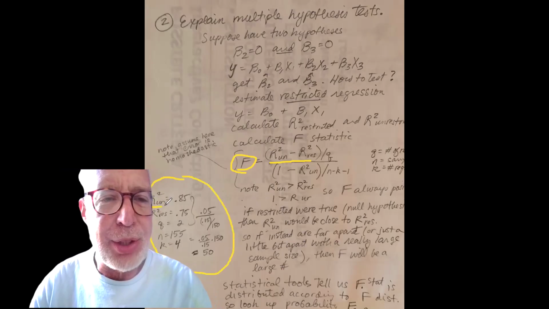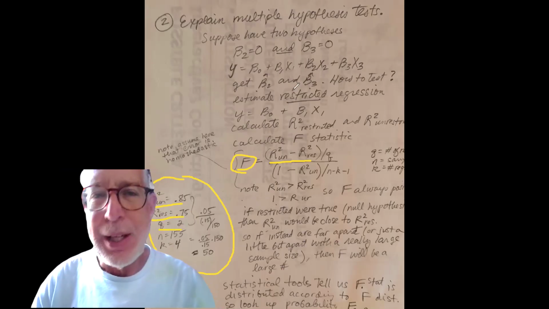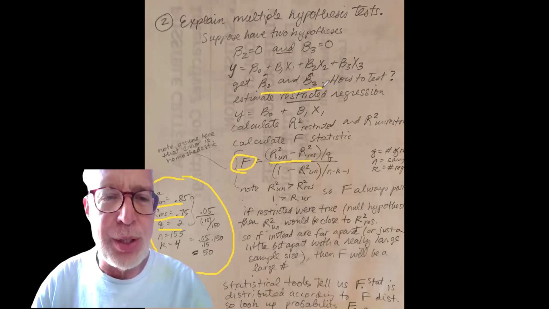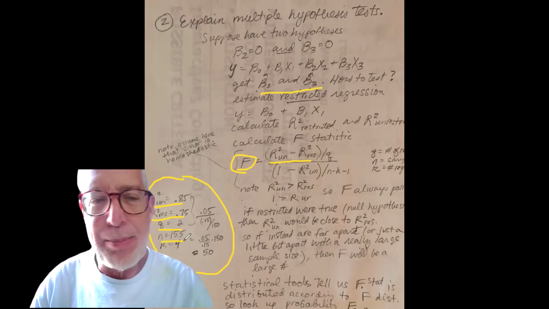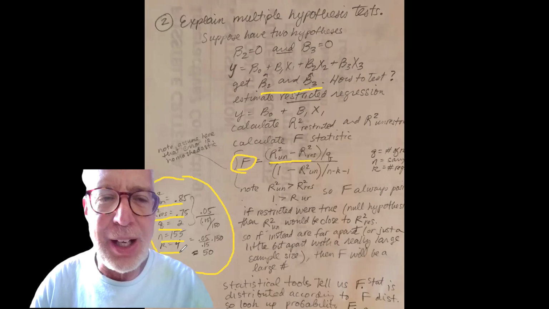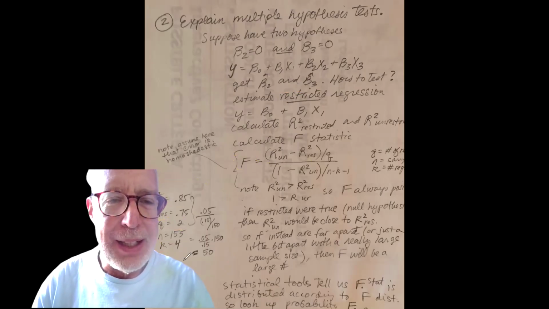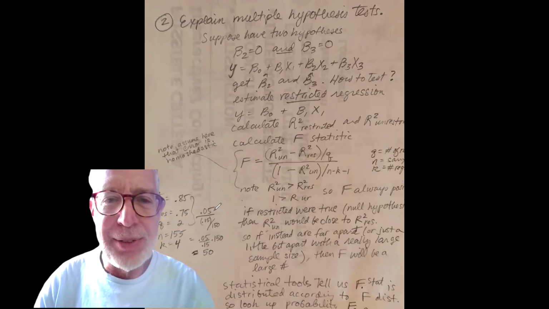So if the unrestricted R-square was 0.85 and the restricted R-square was 0.75, and there were 2 restrictions, so beta 2 and beta 3 both equal to 0 would be 2 restrictions, and we had a sample of 155 and we had 4 explanatory variables, what would be the F statistic?